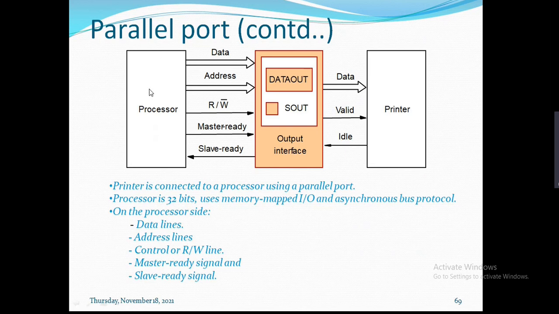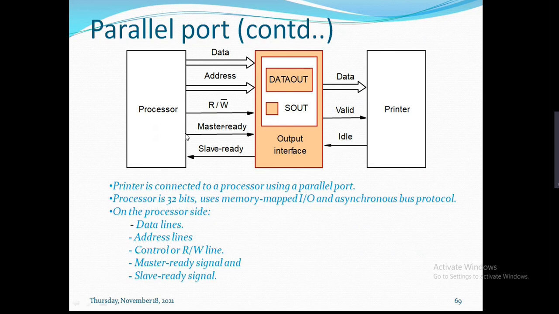That means now the processor wants to write some data onto the output device. For that it is going to send three pieces of information. One is data, what data to write, and the address of the device, and it is going to send the control signal, whether it is a read or write operation. Okay.